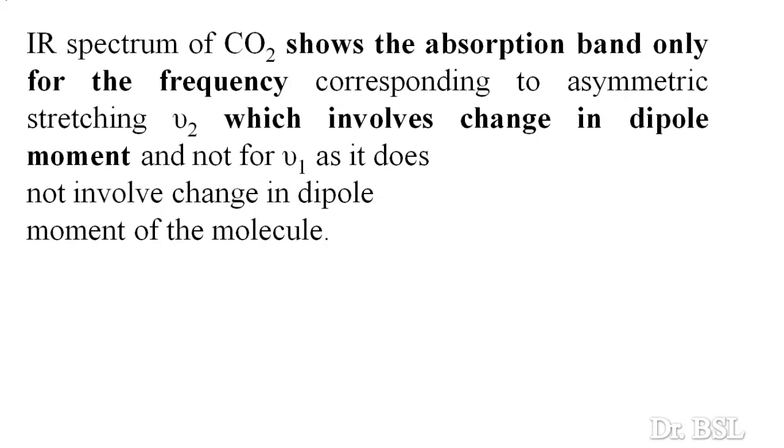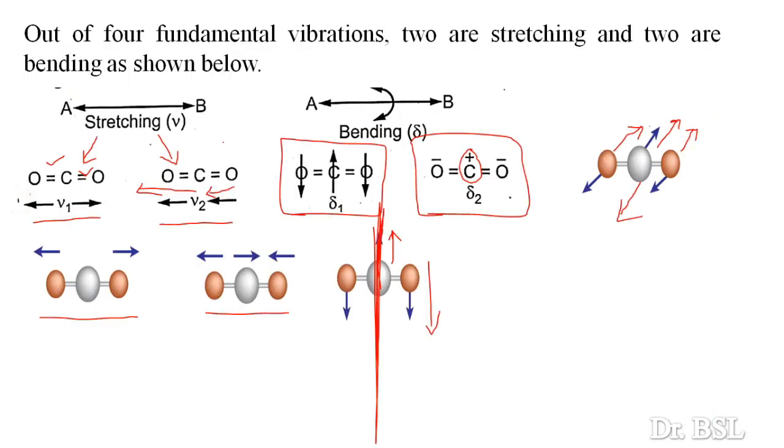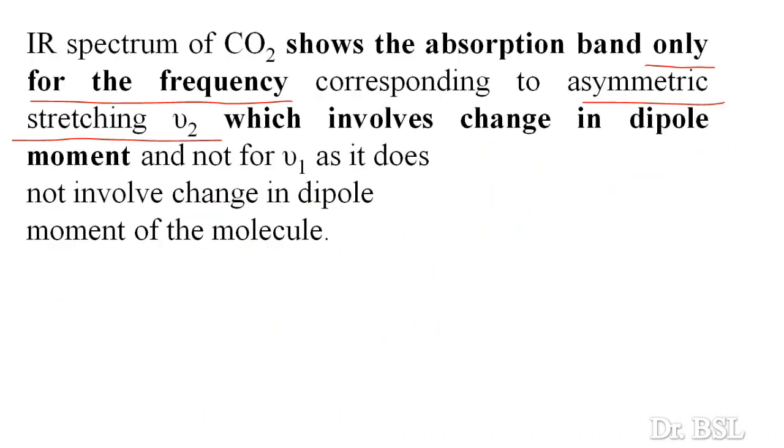IR spectrum of CO2 shows the absorption band, this is very important, only for the frequency corresponding to asymmetric stretching, that is nu2, and not for symmetric stretching. Why?